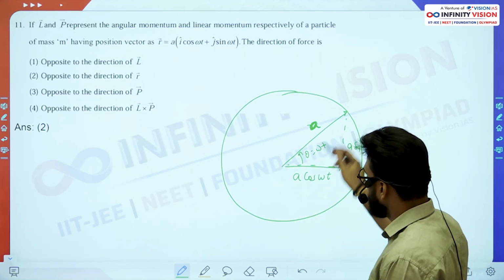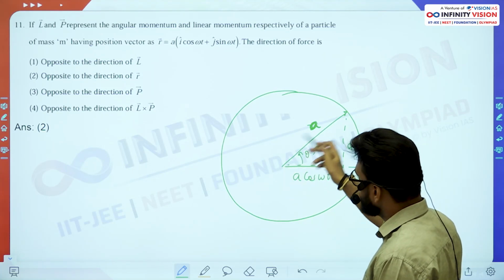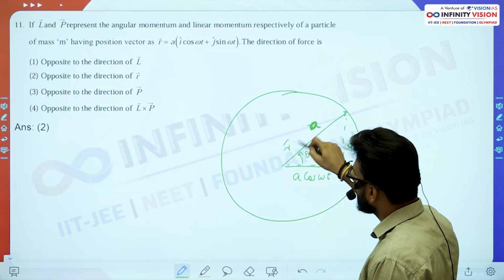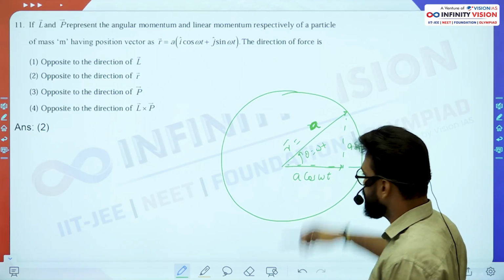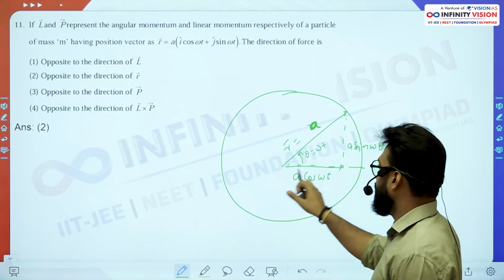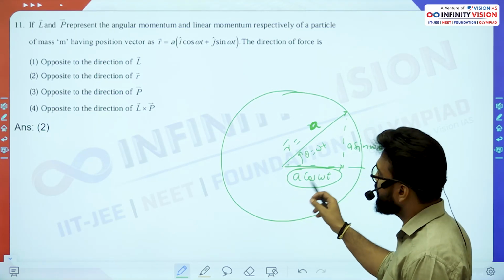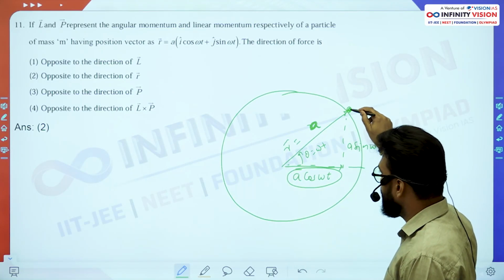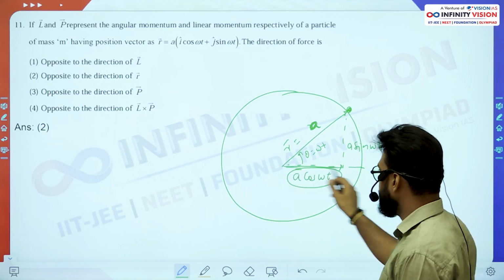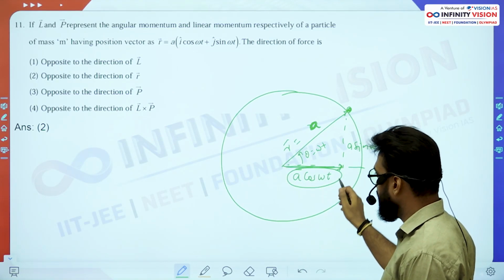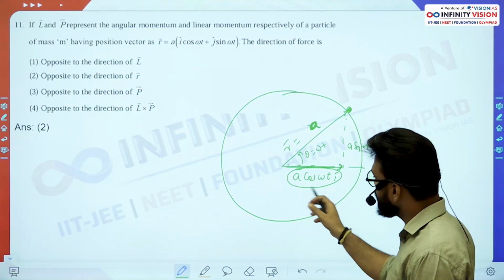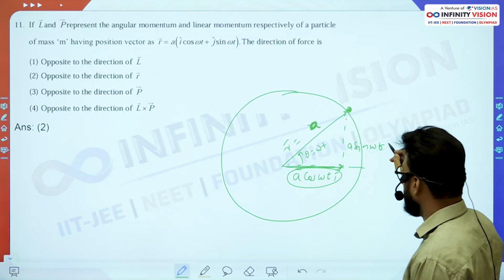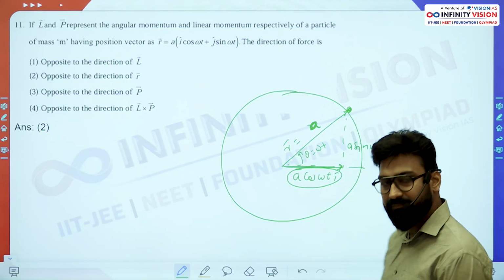So the position vector R is the sum of these two vectors. Suppose an object is there, it would have two components: along i cap, along the x-axis it would be A cos omega t, and along y it would be A sin omega t.